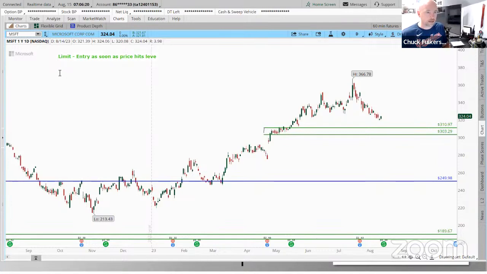Confirmation entry is entry as price leaves a level after a 50% penetration.